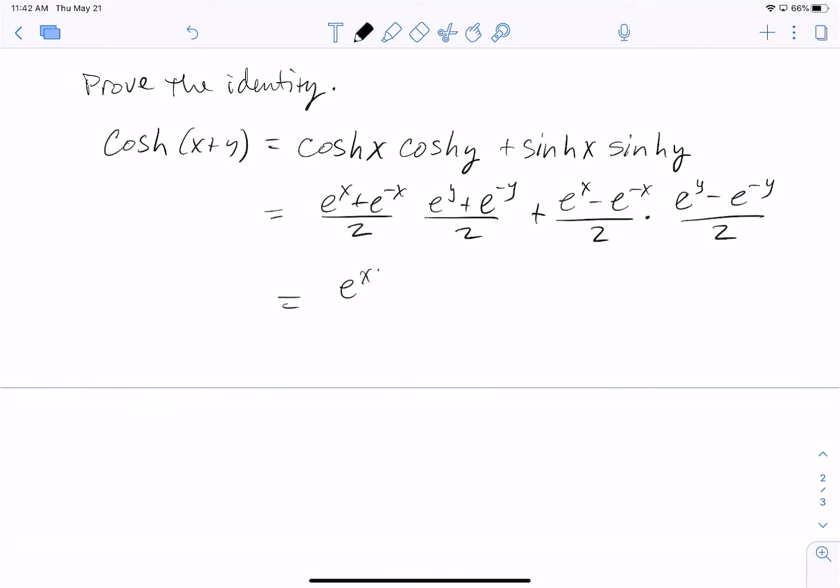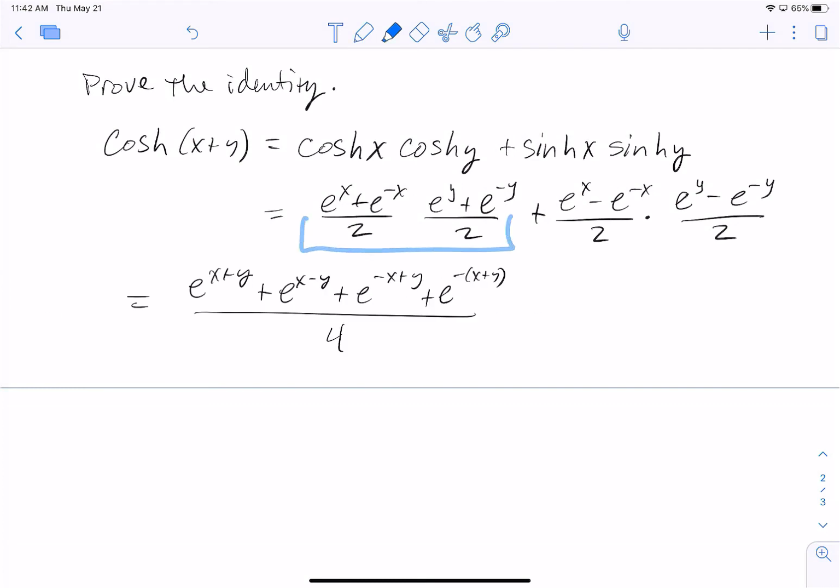So e to the x plus y plus e to the x minus y plus e to the negative x plus y plus e to the negative of the quantity of x plus y, just factoring out that negative, all over 4.